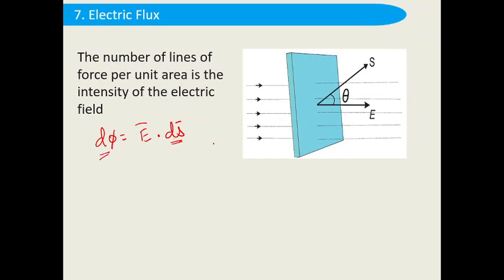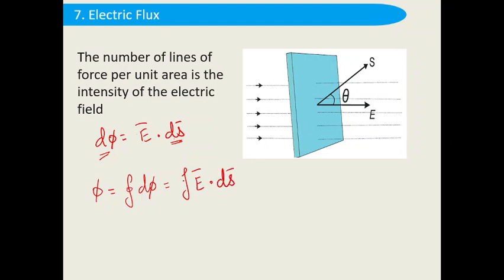But if I want the complete electric flux, which is phi, I have to integrate this. So this is equal to the integration of E bar dot ds bar.